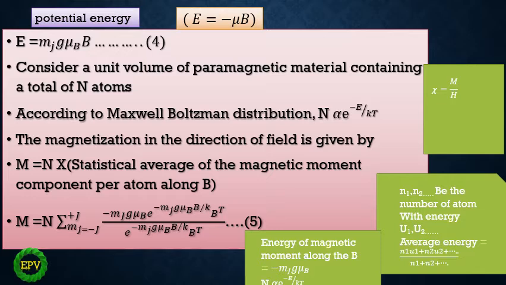Earlier we found that there is a B, but in this situation we neglect the B, because here we consider the component of the magnetic field along the direction of B, so B can be neglected. And there is a denominator factor, that is e raised to minus mj g mu b B by kT.